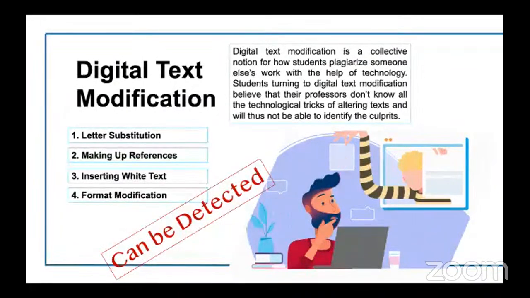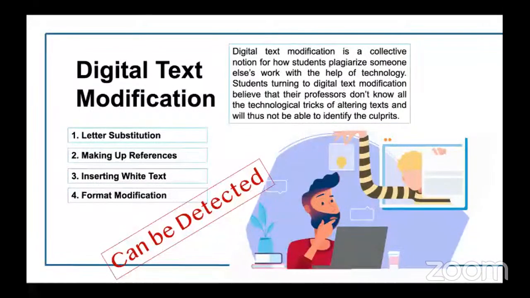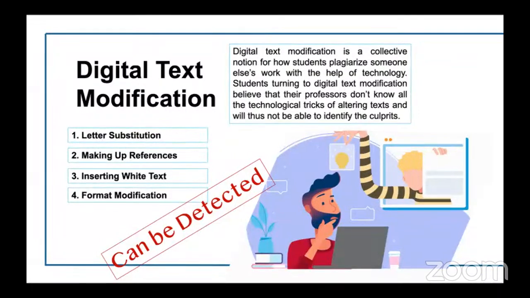First you have to understand what plagiarism is. Then you have to tell your students what types of plagiarism exist. Then you have to inform your students how to avoid plagiarism, and what kind of changes can help them paraphrase in different ways.